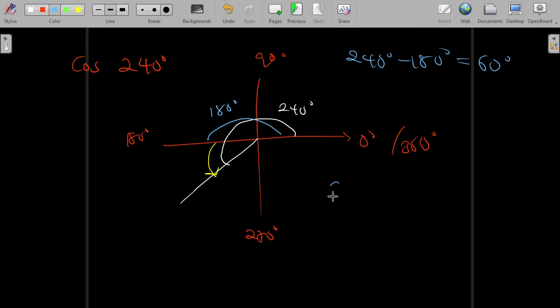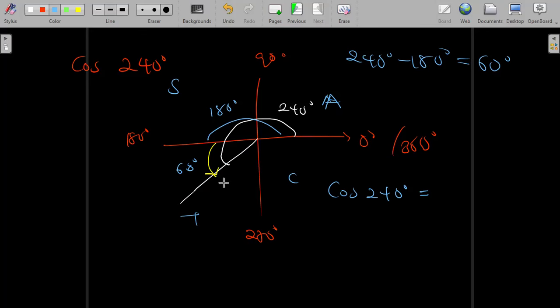And I can write that as cos 240 degrees is equal to what? The 60 degrees is this angle here. But yet again, I should remember the quadrant: All Students Take Coffee. Here we're looking at cos. Cos in the third quadrant is actually negative.